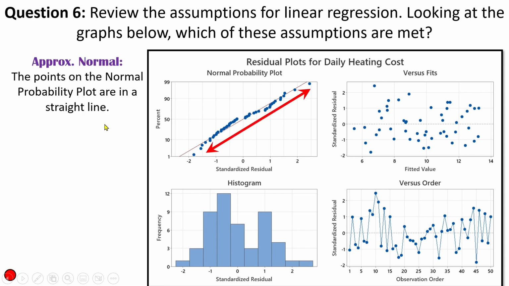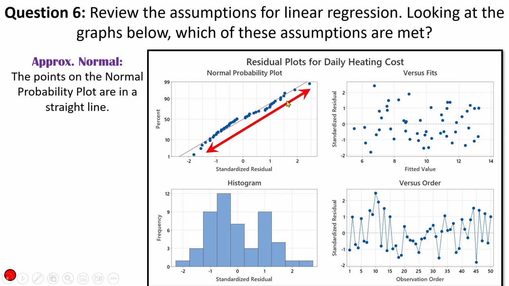So the first thing is the approximately normal assumption. In this normal probability plot, we're looking at standardized residuals, and that just means you take each residual, subtract the mean residual, and divide by the standard deviation of the residuals.